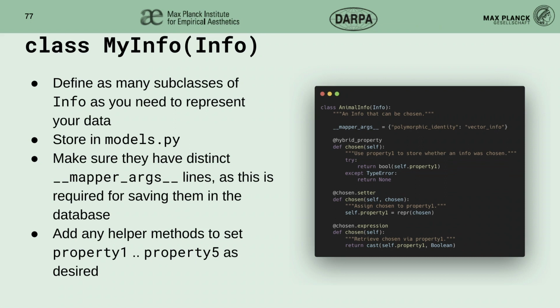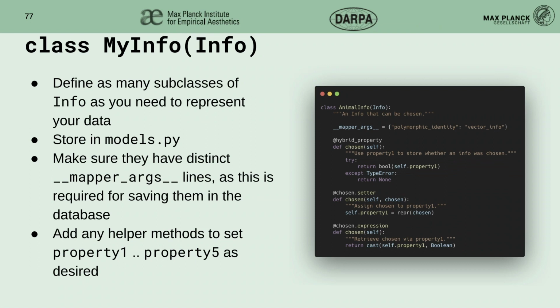It says we're going to call it chosen, and if I'm setting it, then I'm going to say it is the Python representation of chosen, which will either be true or false as strings. So this converts the value here to a string, and then this converts it back in the database, so it just casts it in the database's implementation.